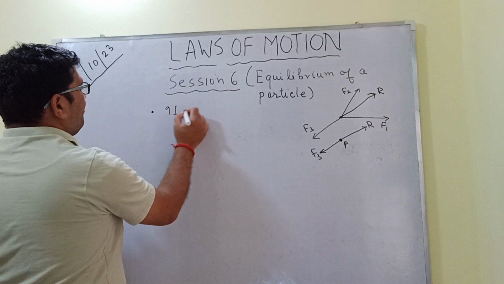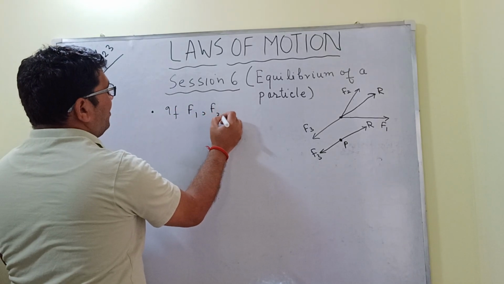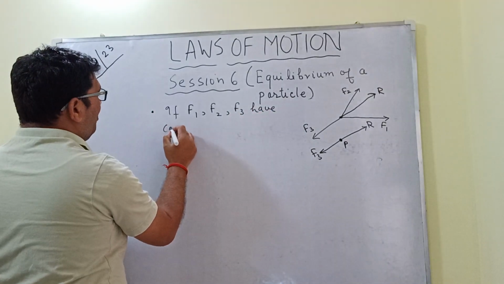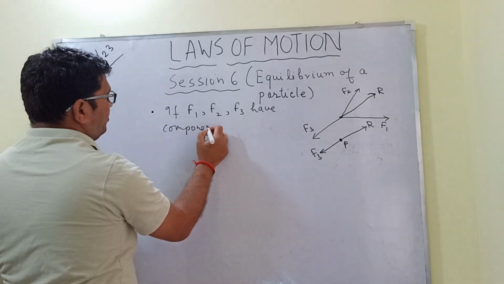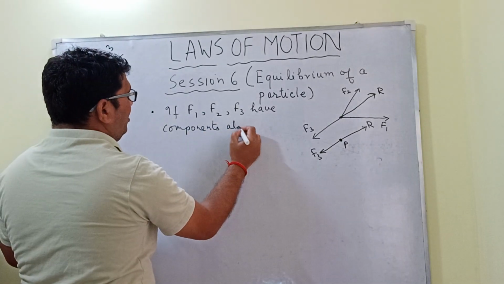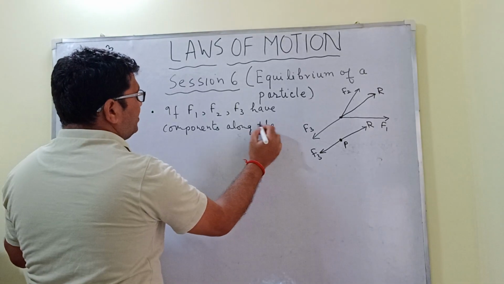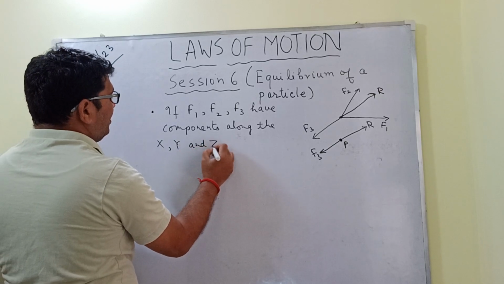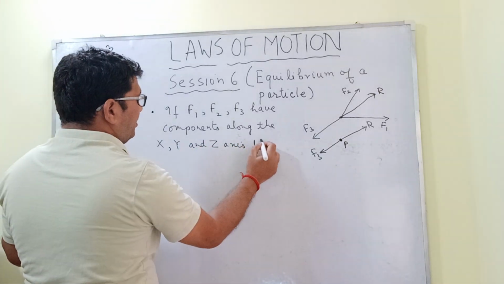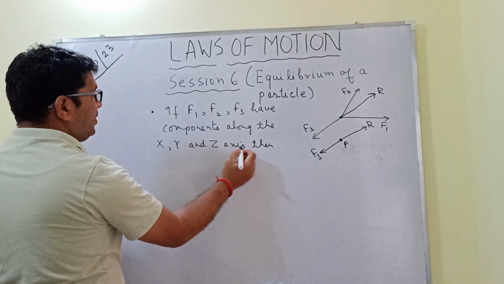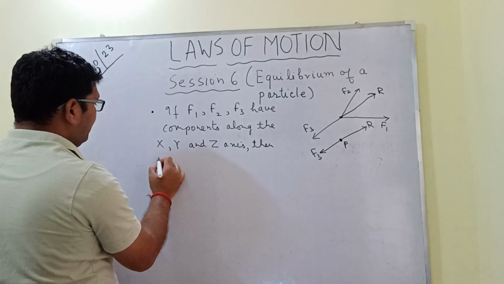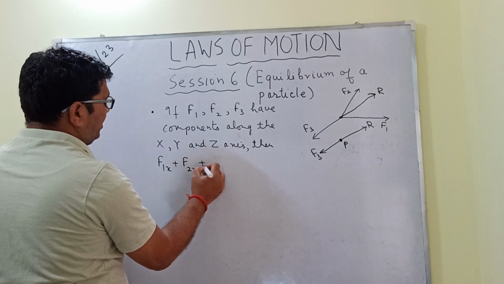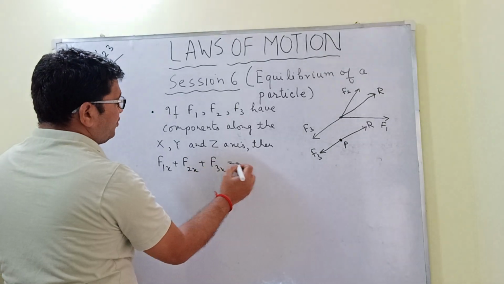If F1, F2, F3 have components along the x, y and z axis, then F1x plus F2x plus F3x should be equal to 0.